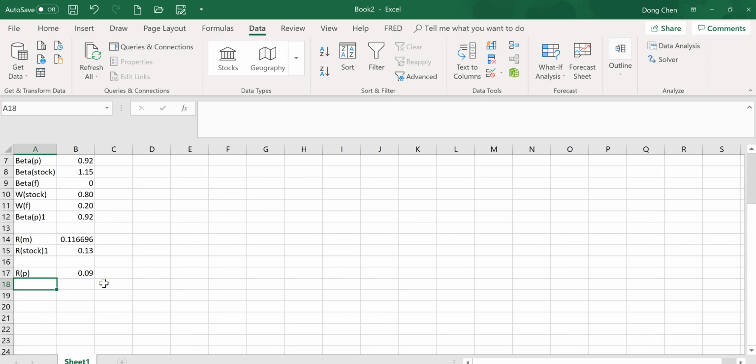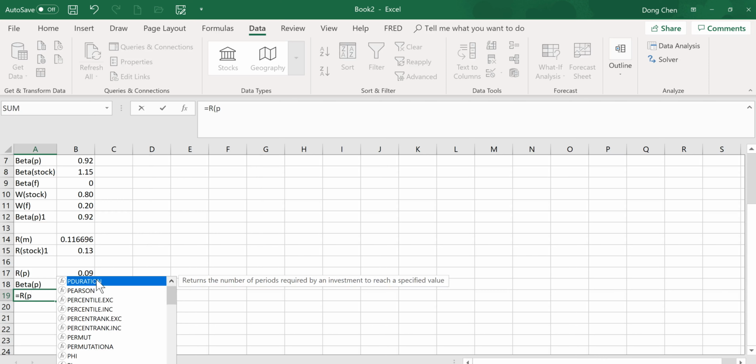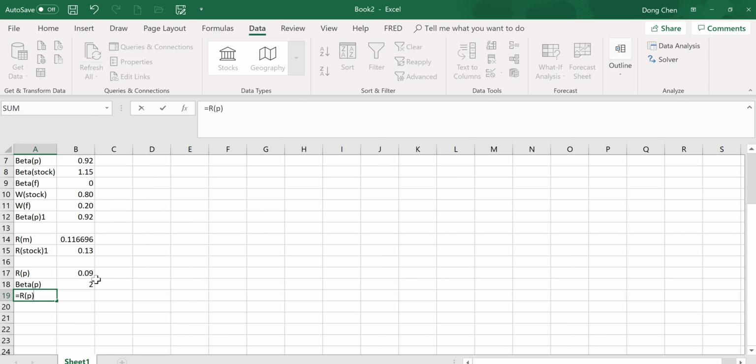So I can also use Goal Seek. So beta P, suppose this is 2. Any arbitrary number. Obviously, this may not be the correct portfolio beta, but I want to use this to figure out the expected return on the portfolio, given that portfolio beta.